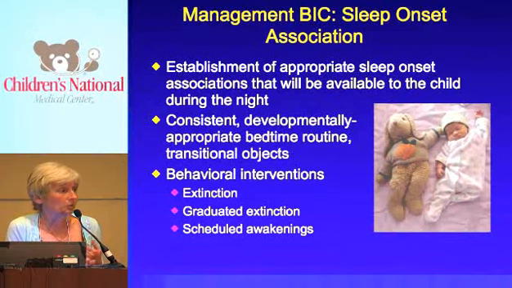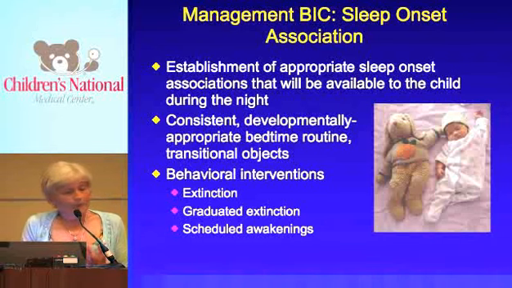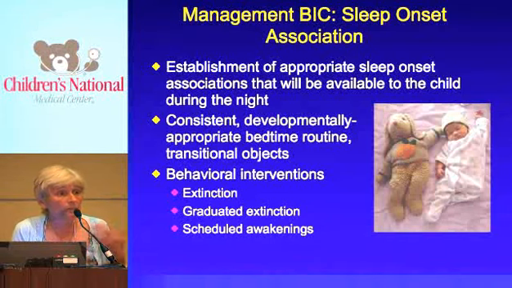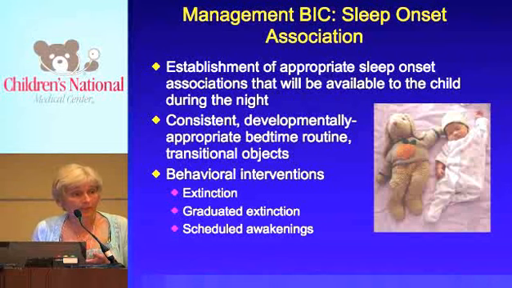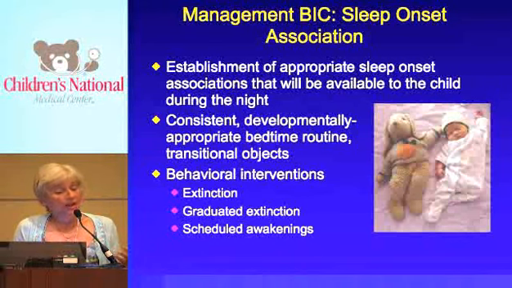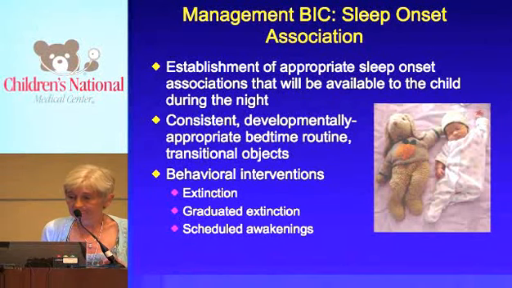I'm amazed at how many 3-year-olds go to bed at 11 o'clock at night. Transitional objects are wonderful in terms of helping young children to make that transition from wakefulness to sleep. And then I'm going to talk a little bit more in detail about some behavioral interventions.